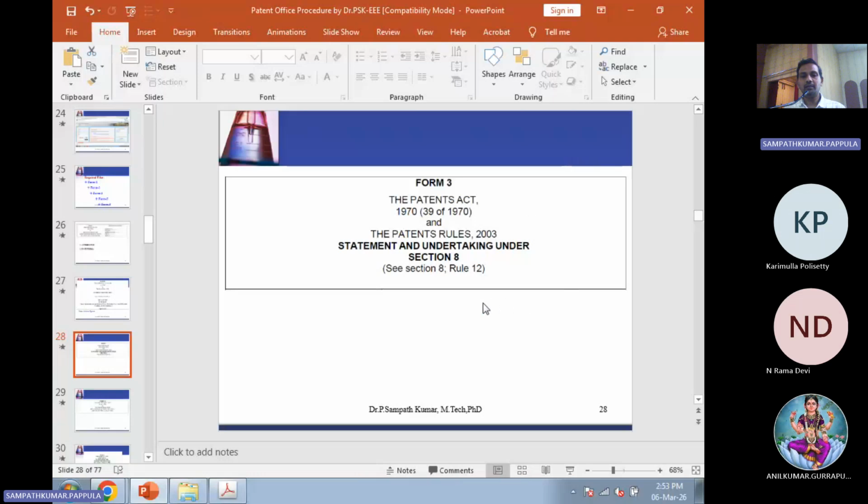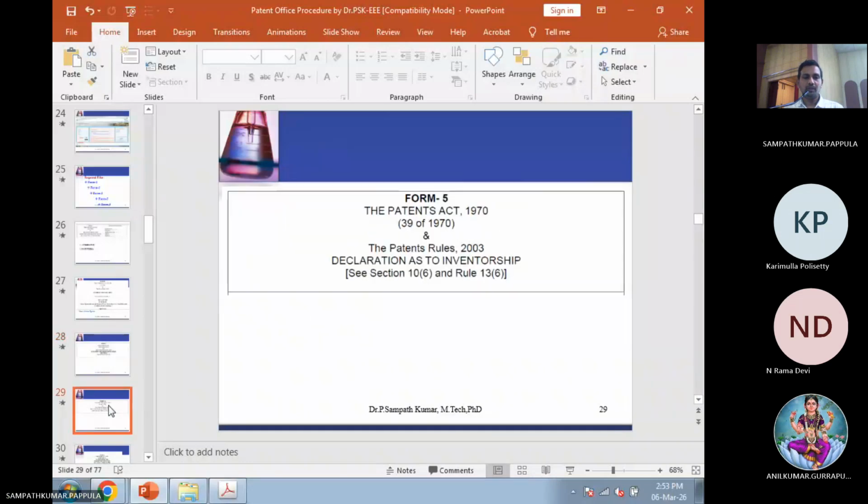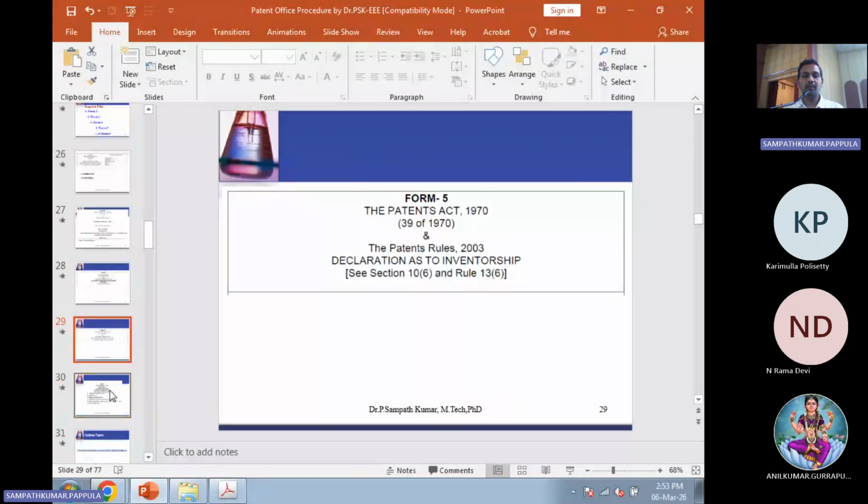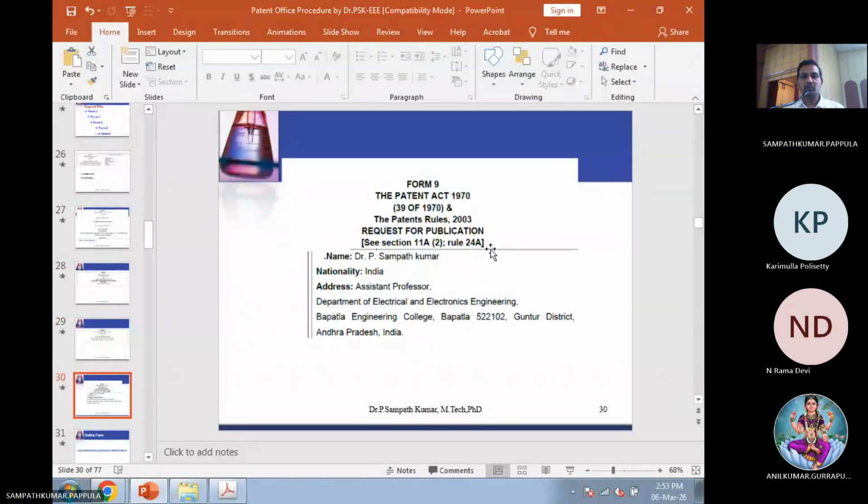And Form 3 is there, statement and undertaking. This is the undertaking form. All your signatures and details are to be repeated here. You need to upload this file also. And Form 5, declaration as to inventorship. You need to fill the declaration along with your signatures. Signatures are mandatory.